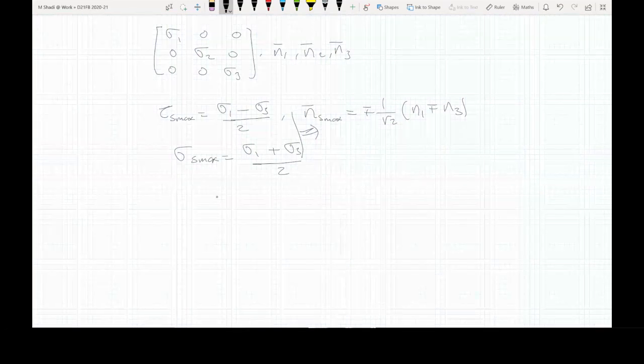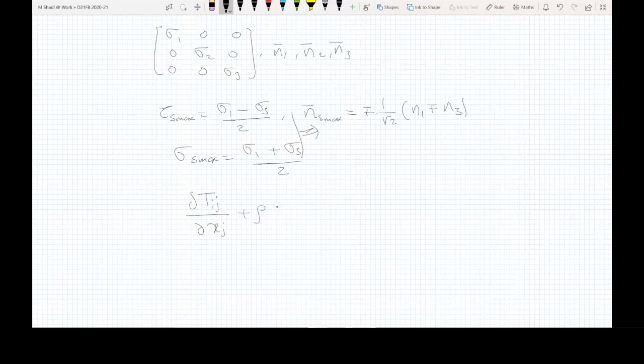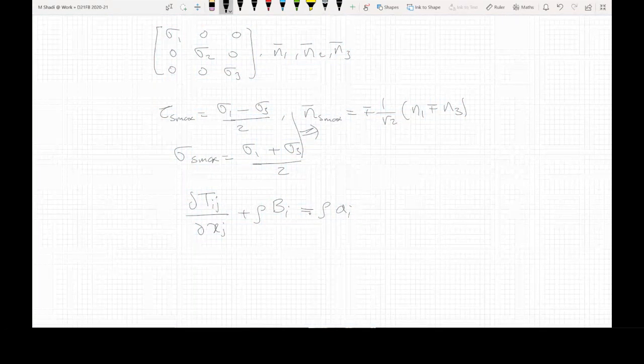So in terms of the stress tensor Tij, the derivative of Tij with respect to xj added to the density multiplied with body forces should be equal to rho multiplied with acceleration in the direction i. So this is basically 3 different equations. If you expand that, you will get the 3 different equations.